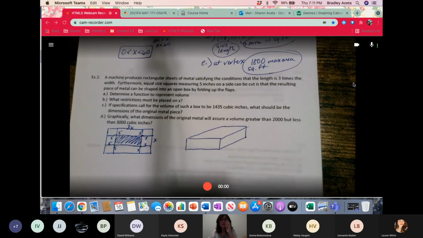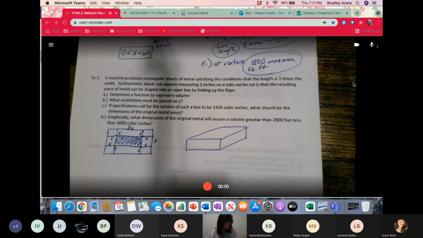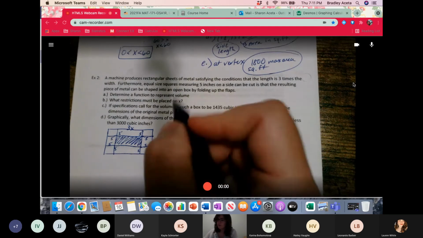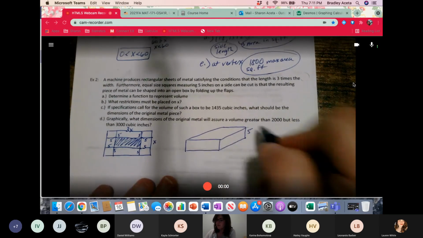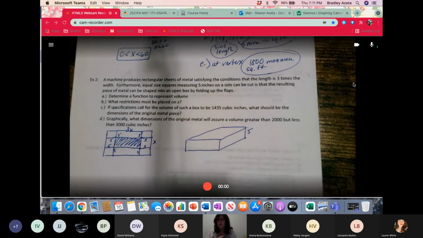So how do I label these sides? Well, this side, obviously going up, this fold up right here, this height would be 5 because it's the 5 inches that I'm cutting. Now, what about this side right here and this side right here?